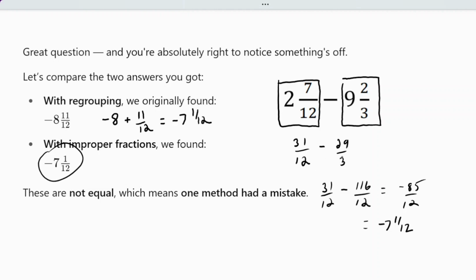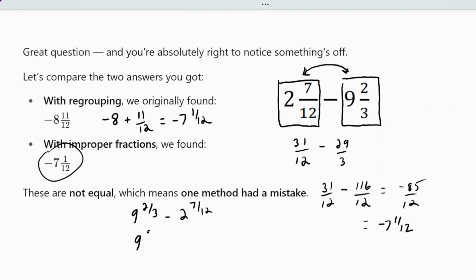All right. Now, one thing that you can do is if you reverse a subtraction problem, you get the opposite answer. So what we could do is we can reverse these, do the subtraction, and then take the opposite answer. So for example, 9 and 2/3 minus 2 and 7/12.